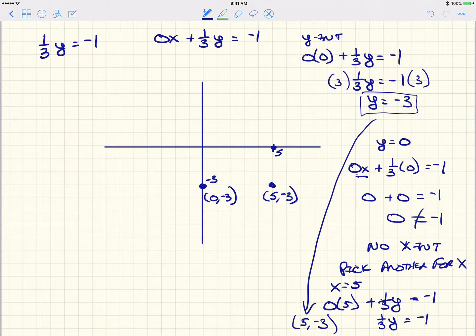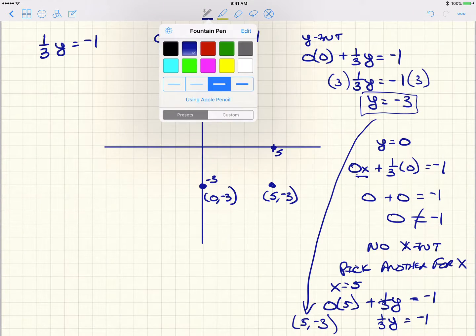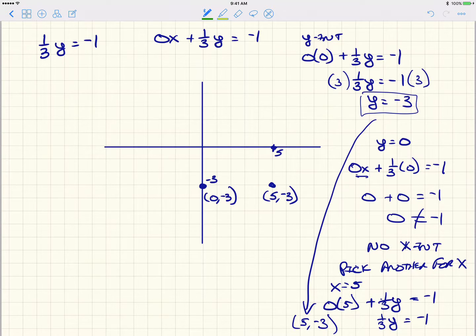So what's happening is that for every value of x that we come up with, y is always going to be equal to -3. So if we connect these dots, let me get my straight edge here and draw the graph of this line. What are we going to get? We're going to get something like that.